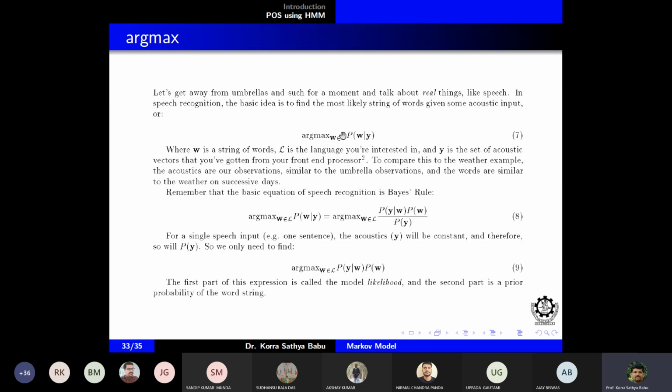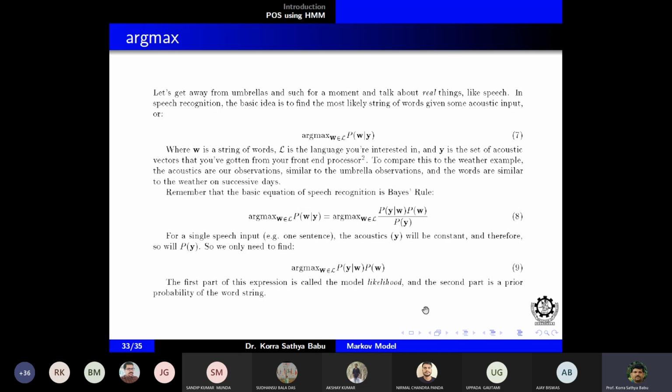So argmax over w belonging to the language L of the probability of w given y, where w is the string of words, L is the language you are interested in or speaking, and y is the set of acoustic vectors you have got from your front end processor. To compare this to the weather example, the acoustics are the observations, similar to the umbrella observations, and the words are similar to the weather on successive days.